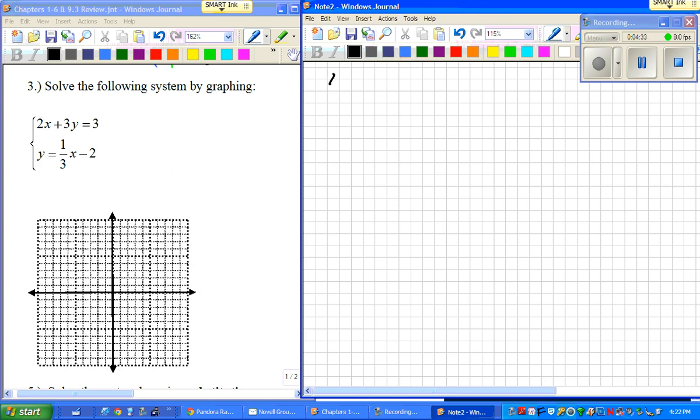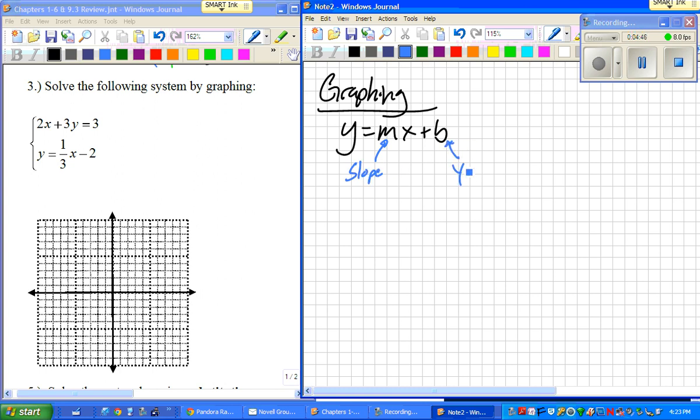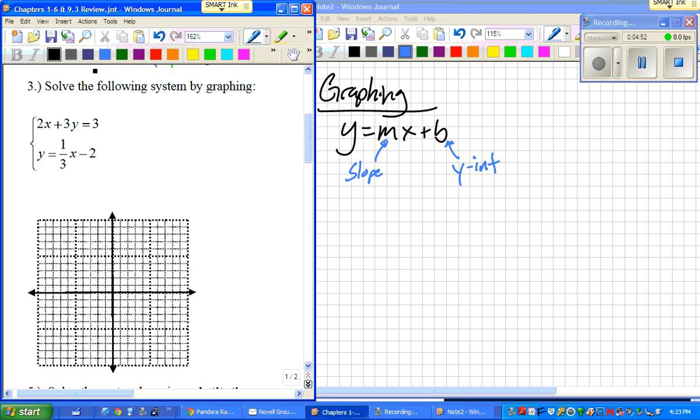Alright, sorry about that. So when we're graphing, you need to have y equals mx plus b, where that is your slope, and that's the y-intercept. Okay? So, our first equation right here, the 2x plus 3y equals 3, is not in slope-intercept form.